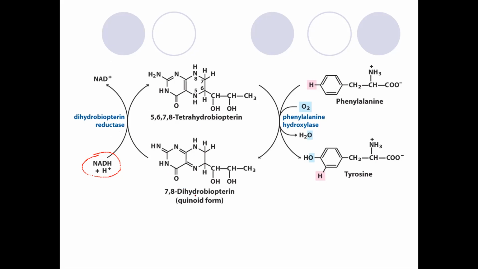This goes to the quinoid form, to the tetrahydro form. You can see the reduced form has your reducing equivalents here and also here. Whereas here and here. And then this essentially leads to the hydroxylation of the phenylalanine to tyrosine.